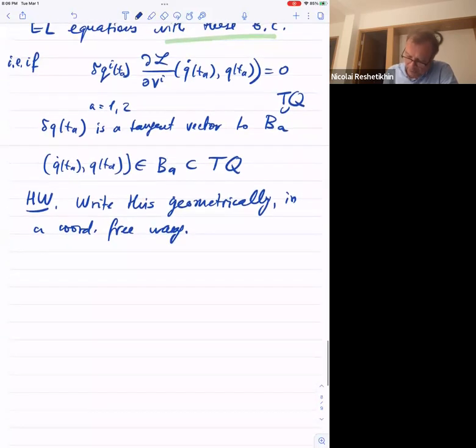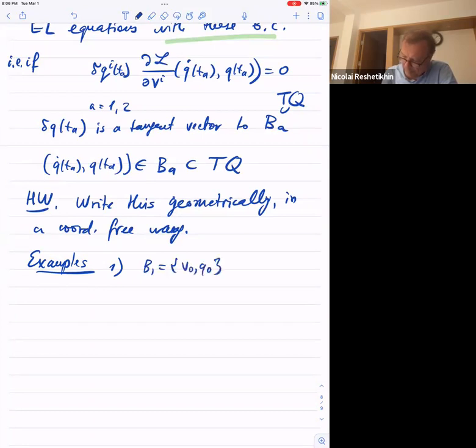So let's analyze these two examples. First, when B1 is a point V0, Q0, and then B2 is just the whole thing. Because we fixed q at T1, delta q^i at T1 is 0.